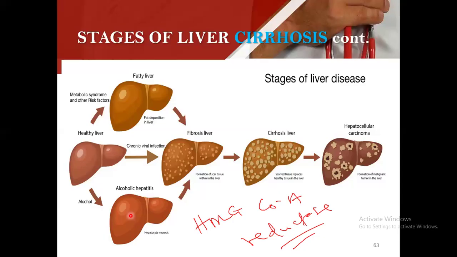Because I told you from the onset that the portal veins drain the pancreas, the intestines, and the spleen. So anything that you take in has to go through the portal vein to be sent to the liver for approval to enter the blood.